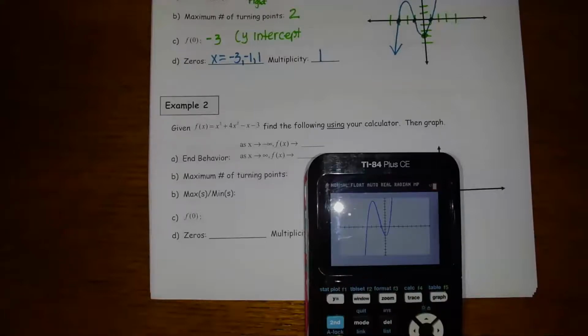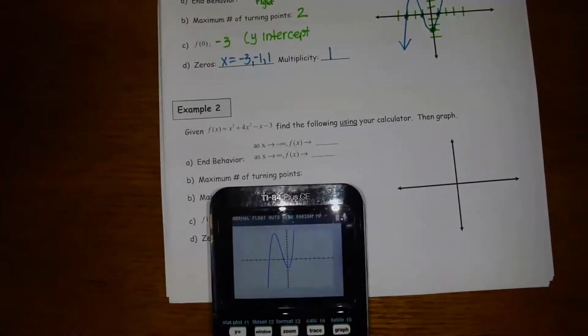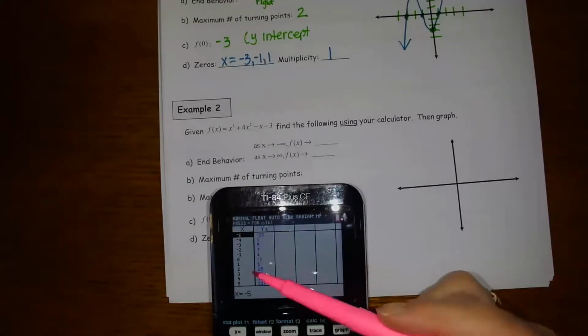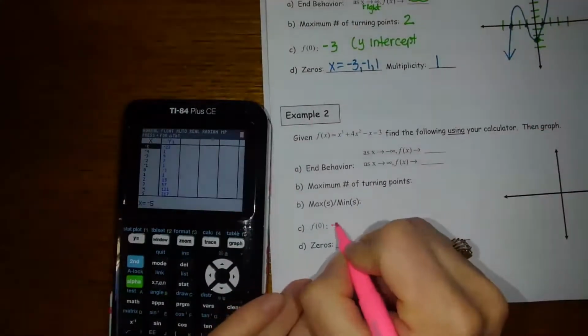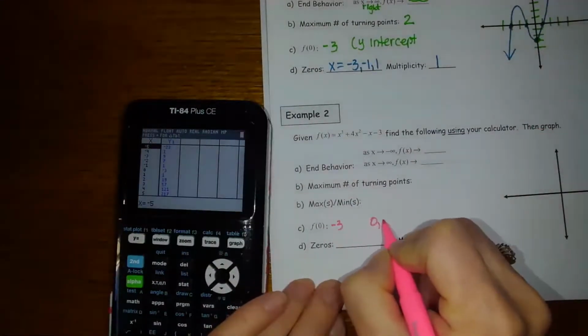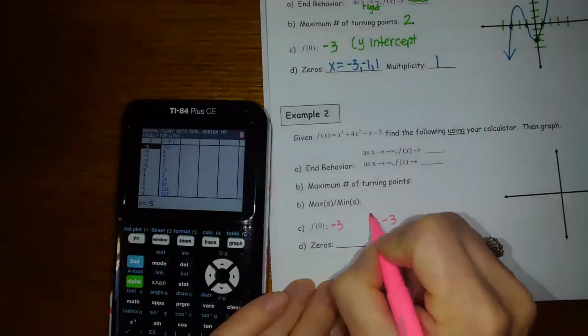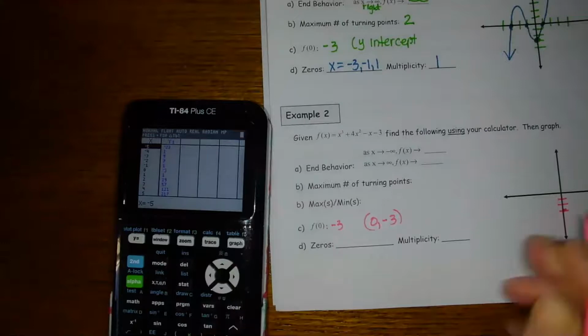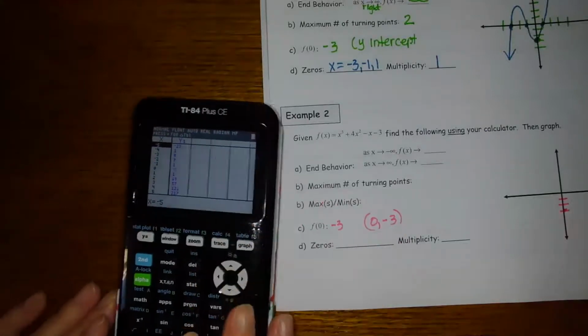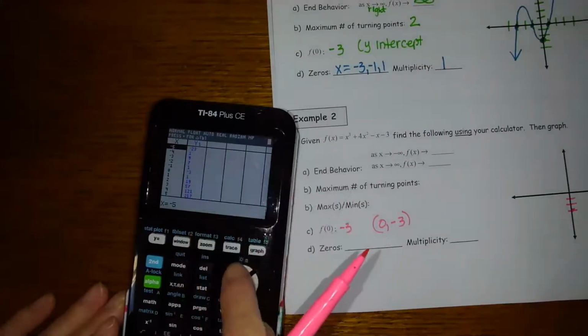Now, something I would always do before I graph is I would look for zeros. I would go to my table and say, I can always find the y-intercept, right? And then I can look here and see if there's any zeros, and there's not.